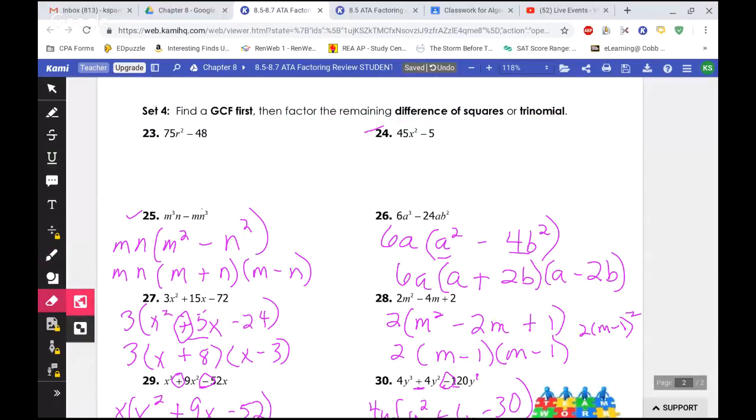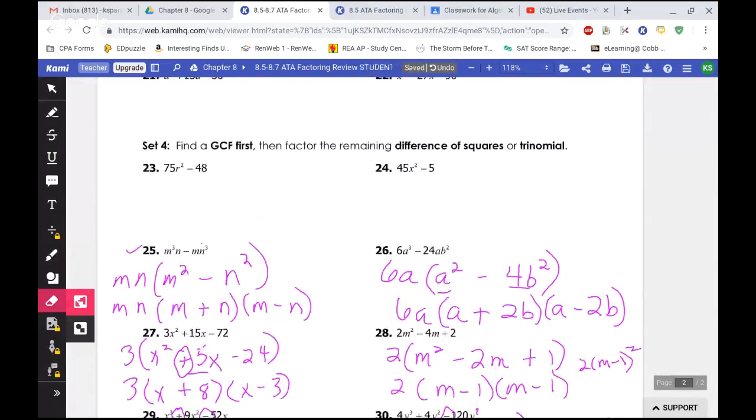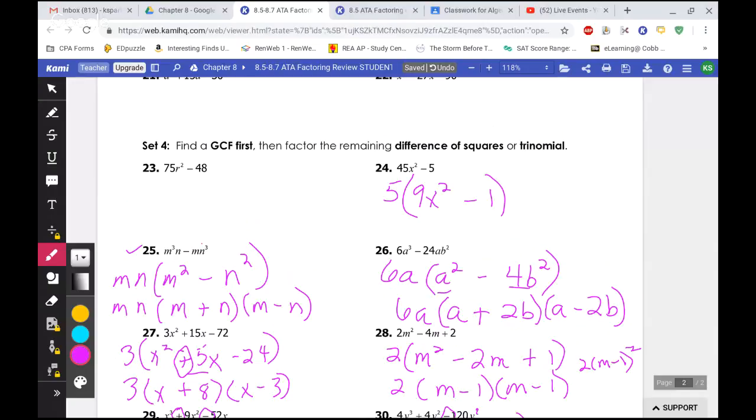All right, number 24. What I see in this one is that I could take a 5 out of each of the two terms, and nothing else. There are no letters in common. I know y'all are relieved by that. If I take a 5 out of 45x squared, I'm going to be left with 9x squared, minus 5 divided by 5 is 1.